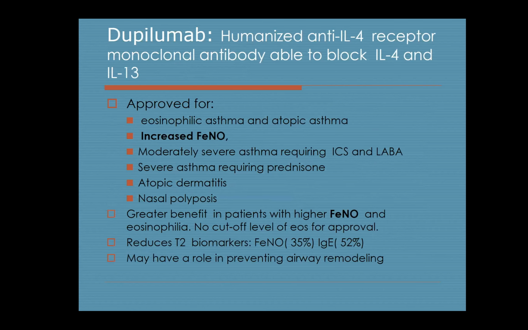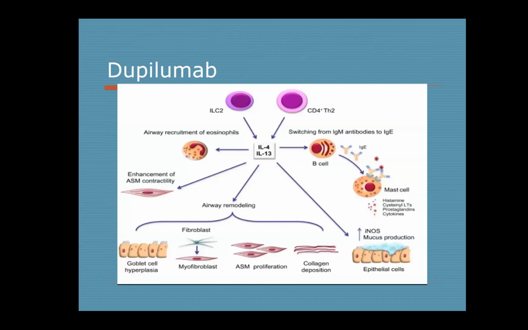And then Dupi, your anti-IL-4, anti-IL-13, increased FeNO, eosinophilic asthma, atopic asthma, moderately severe or severe, also works for dermatitis and nasal polyposis. The higher the FeNO, the more I'm going to want to use Dupi. And it may have a role in preventing airway remodeling, because remember it blocks the recruitment of the eosinophil, but it also blocks the proliferation of fibroblasts and smooth muscle and collagen deposition.